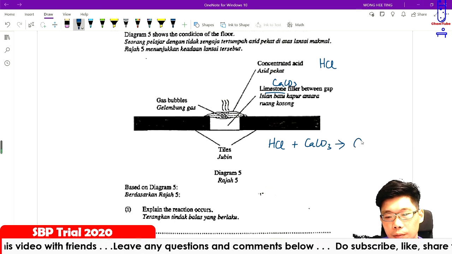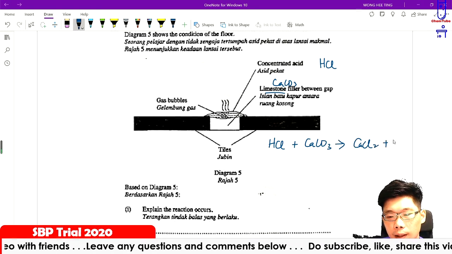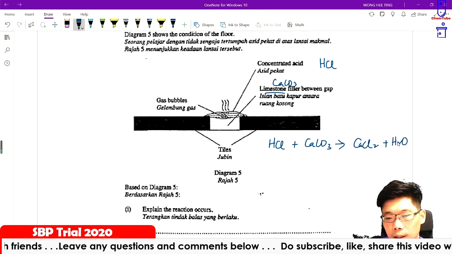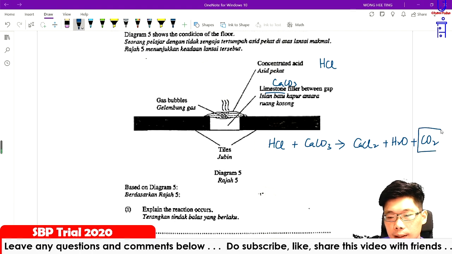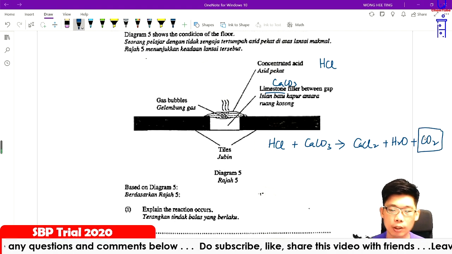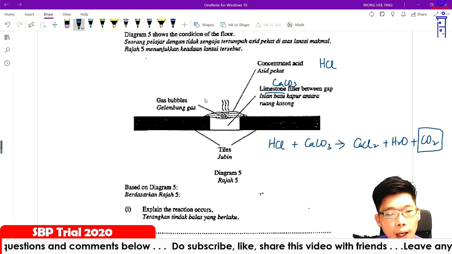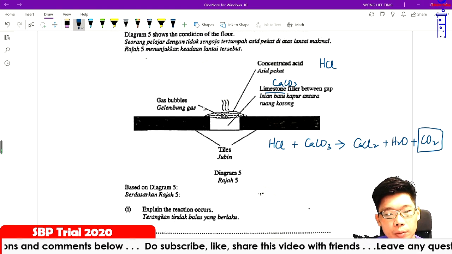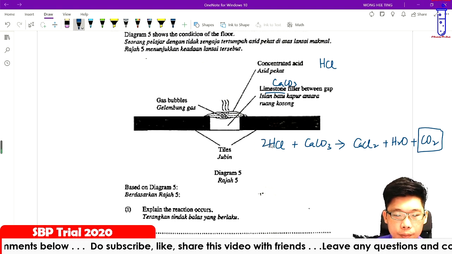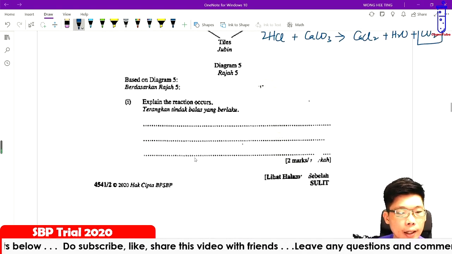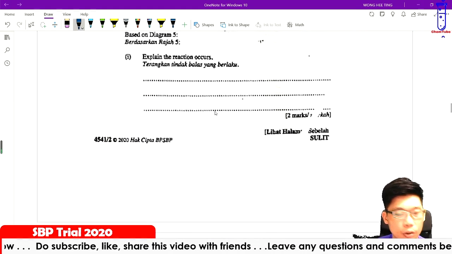So it will form calcium chloride and water, and then it will produce carbon dioxide gas. Then this carbon dioxide gas forms, you will see the gas bubbles produced here. Actually it's carbon dioxide gas. So explain the condition here, the reaction here. So 2 marks.